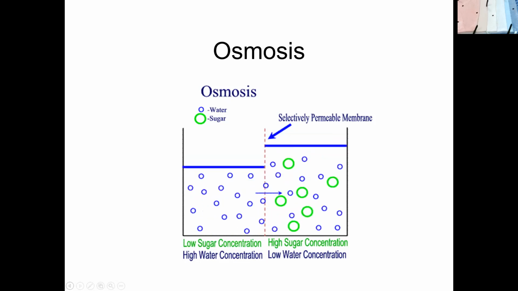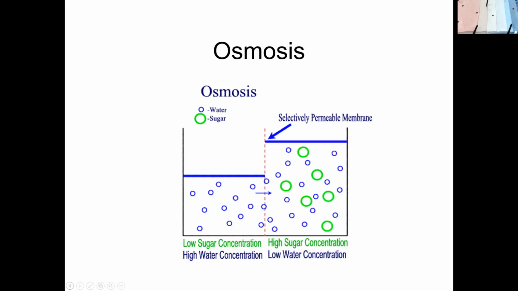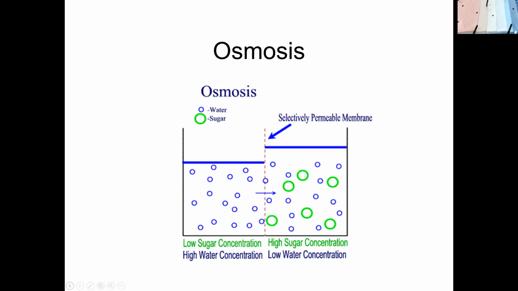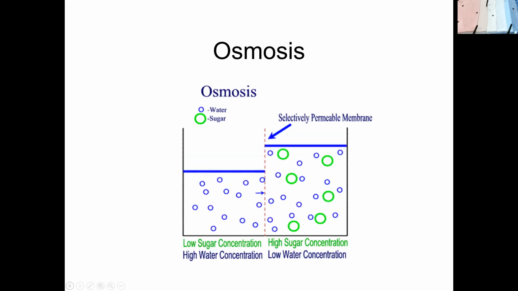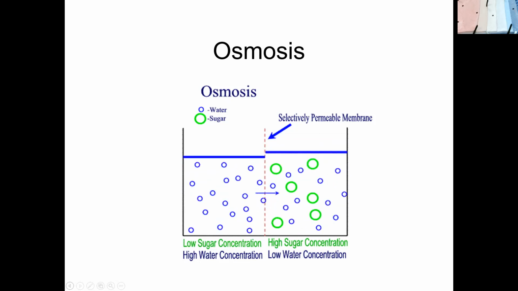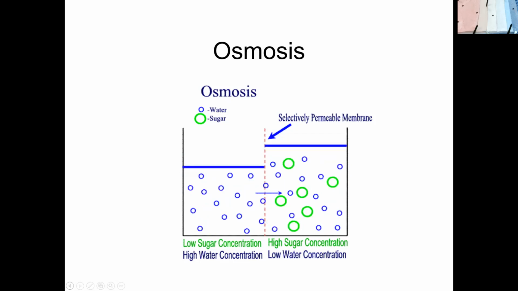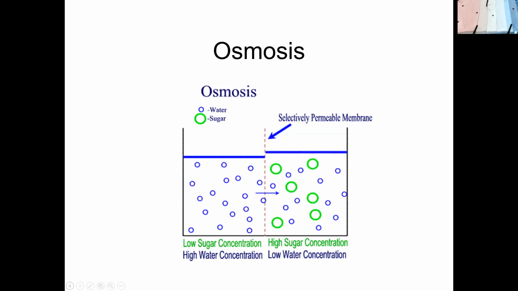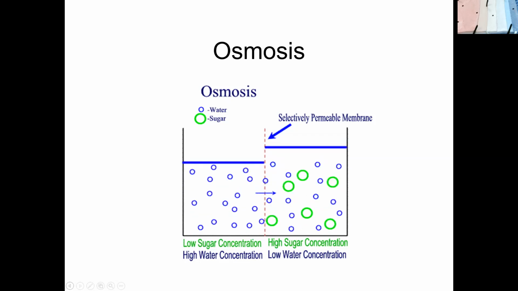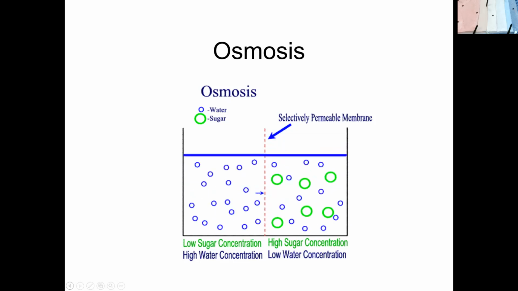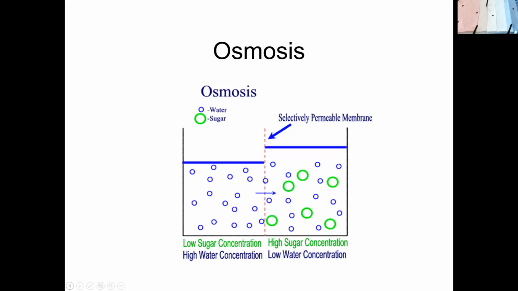Somewhere around 2 o'clock or 2:15, I want to weigh them again. And we're going to see how we'll know if it worked, because we're going to see a weight gain or a weight loss. The prediction is that the cell with the salt water inside of it in distilled water, water should come into the cell and we should see a rise in its weight, because water goes from high water to low water, 100% versus 90%.